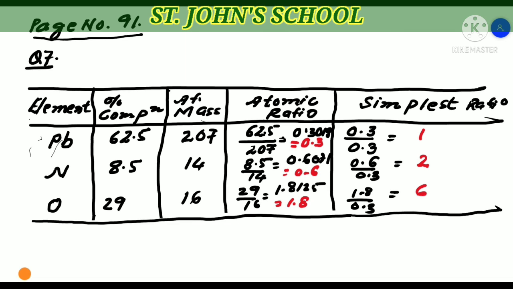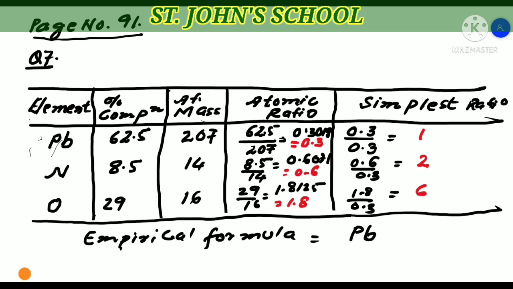Now after this we can write the empirical formula. The required empirical formula will be: the first element is Pb, so first write Pb, then the second element N, then the third element O. Pb is 1, N is 2, and O is 6.